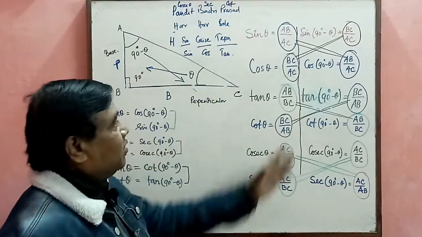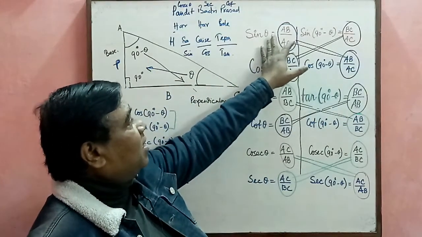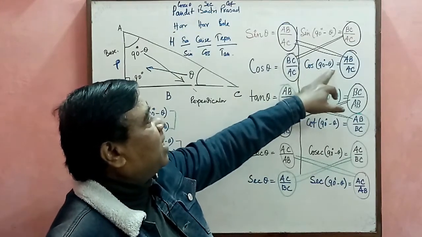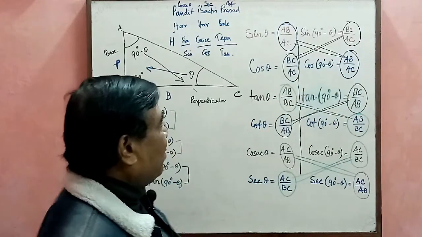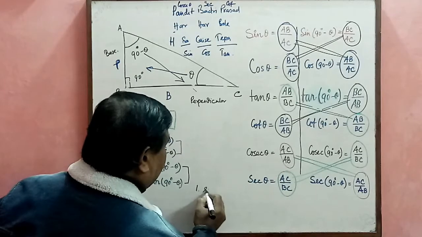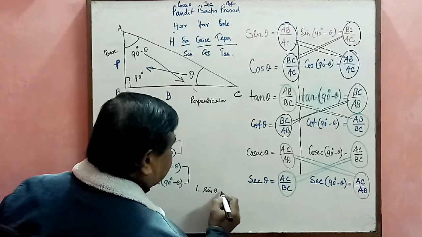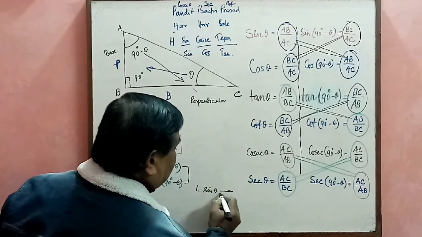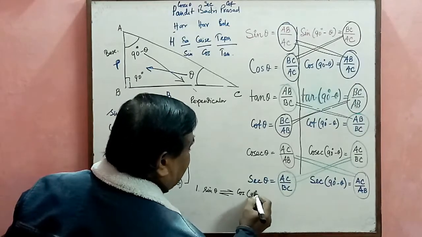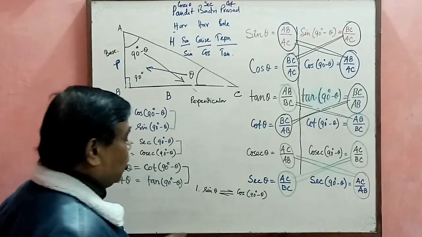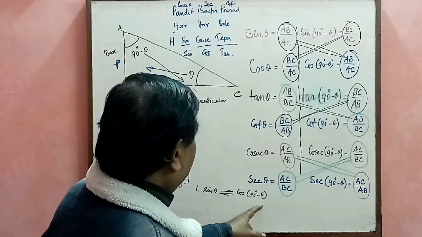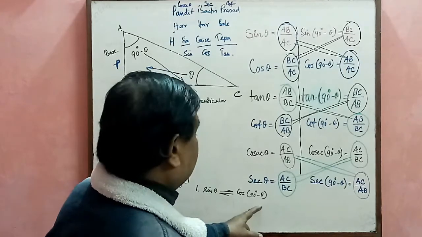Now you see here sin theta is AB upon AC and cos 90 degree minus theta is again AB upon AC. So we have a relation here. Number 1: sin theta equals cos 90 degree minus theta, and vice versa, cos theta equals sin 90 degree minus theta.